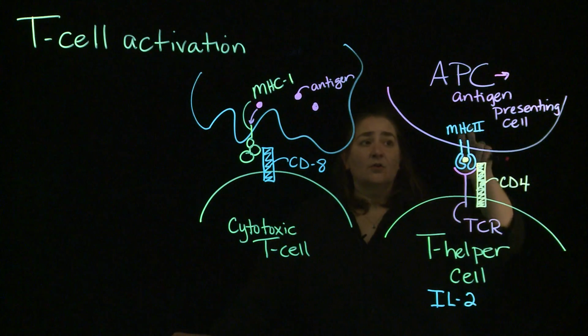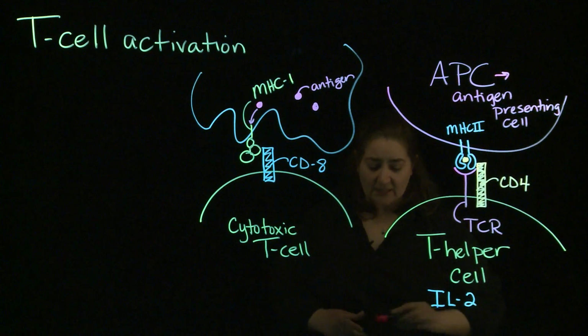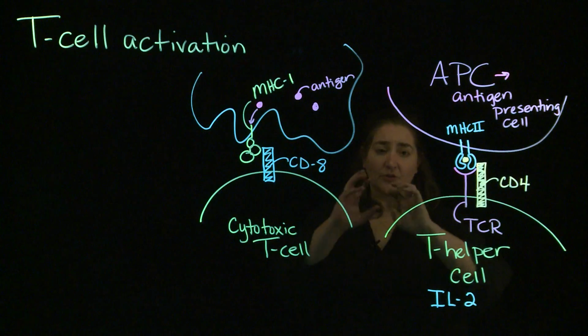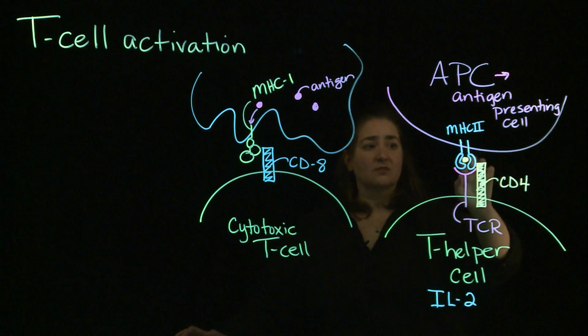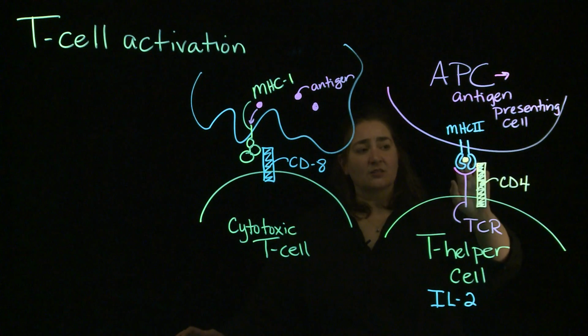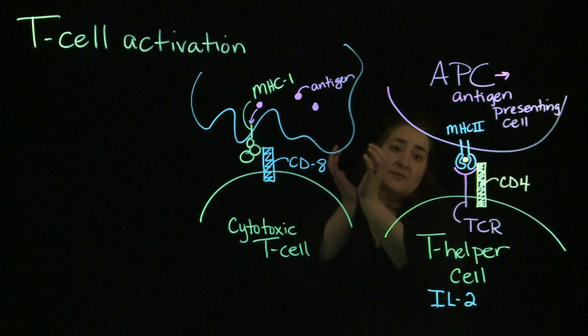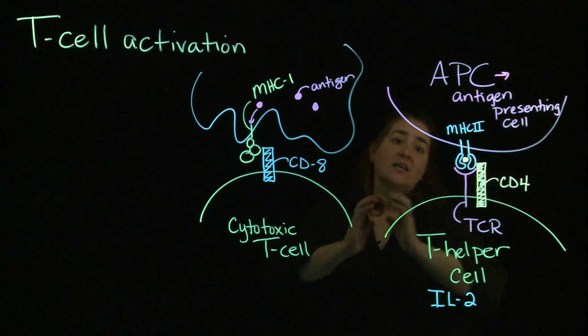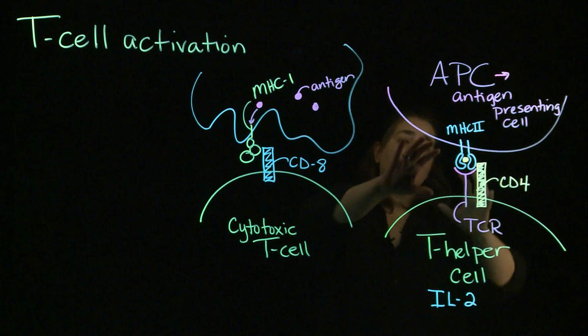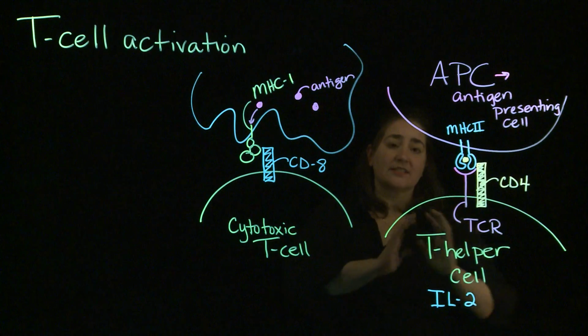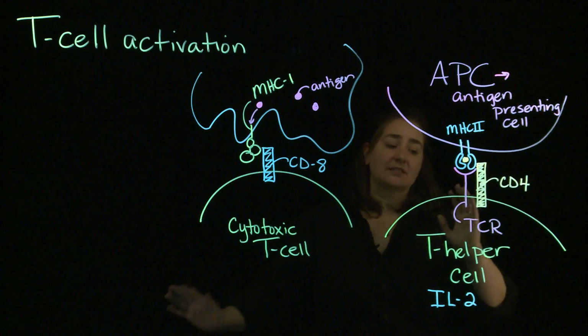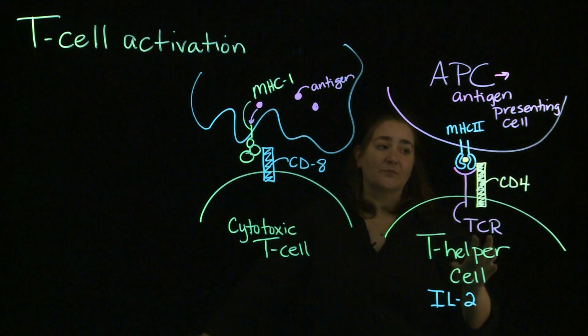Remember that phagocytotic cell engulfs those particles, chews them up, digests them, displays our antigen, which is the little orange dot here, out on the surface of the cell. It wanders around and eventually that antigen-presenting cell runs into a naive T helper cell.